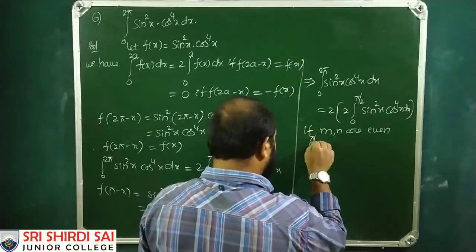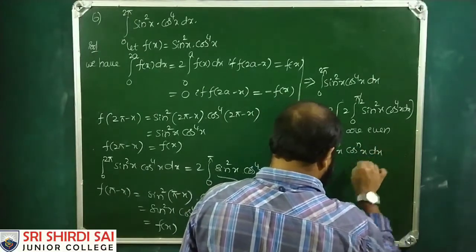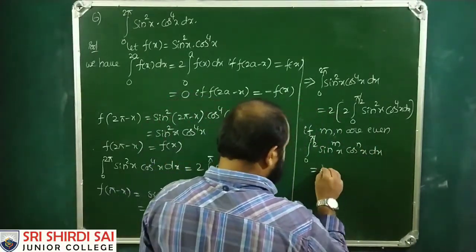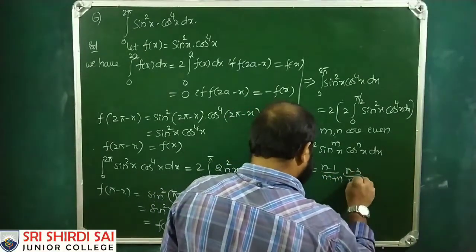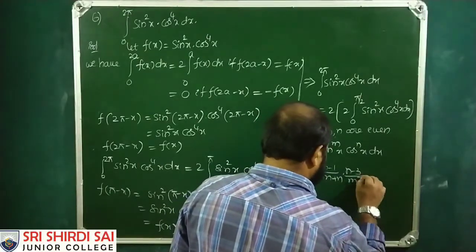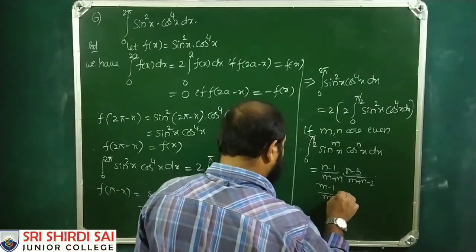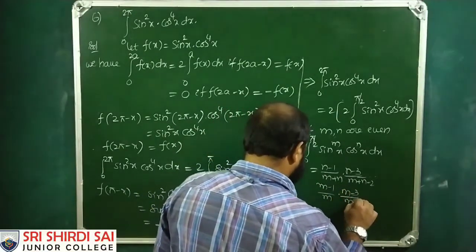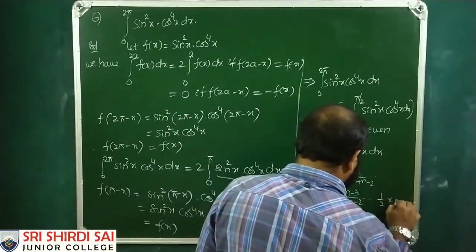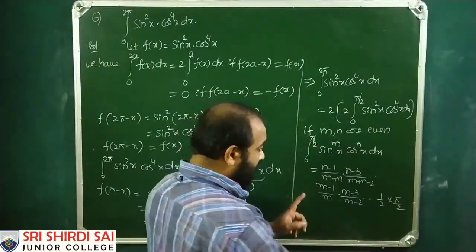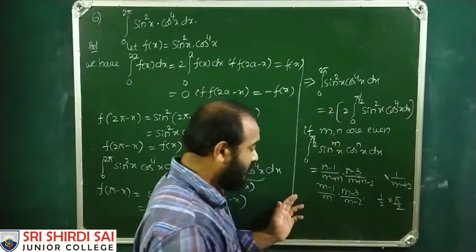Integral 0 to pi by 2 sin power mx into cos power nx dx is equal to (n minus 1) by (m plus n) into (n minus 3) by (m plus n minus 2), etc., and the second part is (m minus 1) into (m minus 3) by (m minus 2), since m is even here, etc., into 1 by 2 into pi by 2. If you want to know the previous term of this, what is the previous term? It will be 1 by m plus 2. All you need to do is to substitute in this.